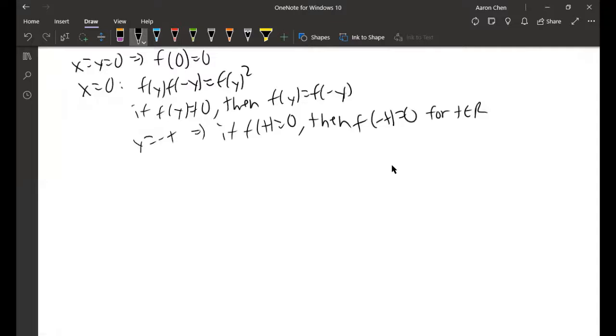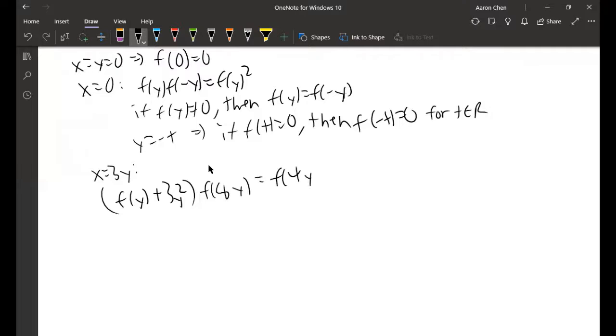And so next let's set x equal to 3y. And if we do this, then we can find that f of y plus 3y squared times f of 8y is equal to f of 4y squared.